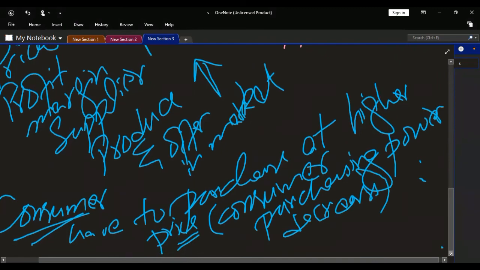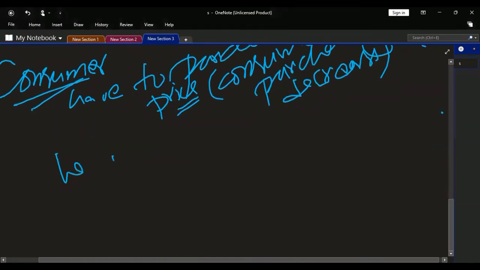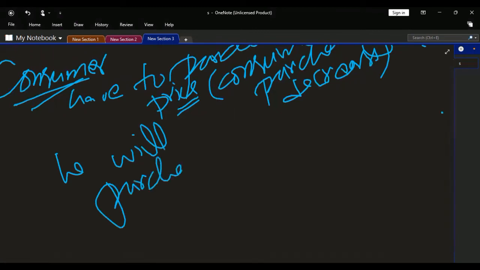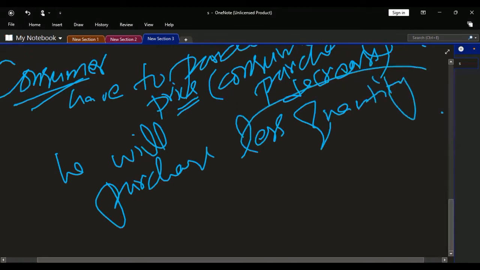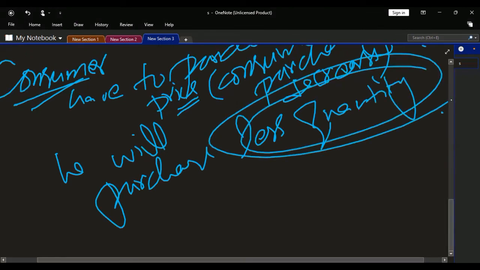Therefore, he will purchase less quantity as compared to the quantity that he was already purchasing.